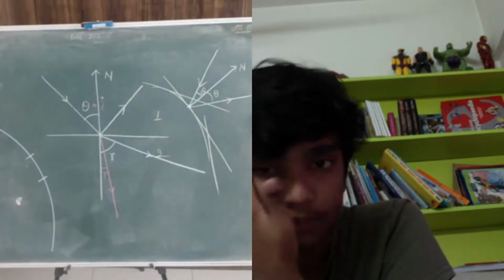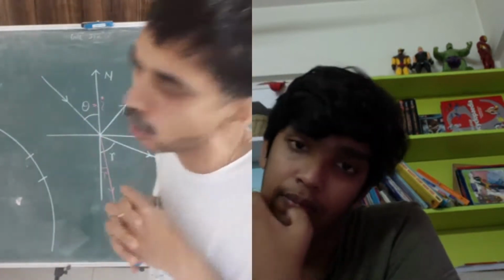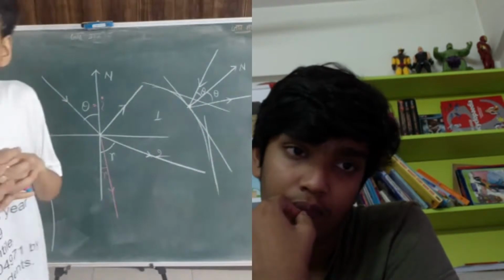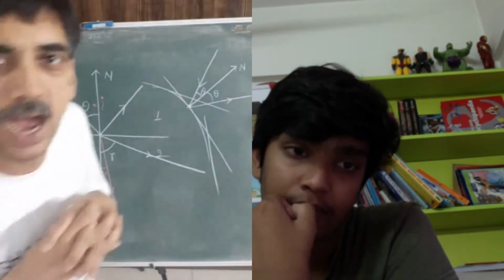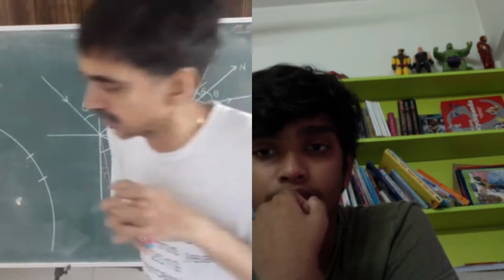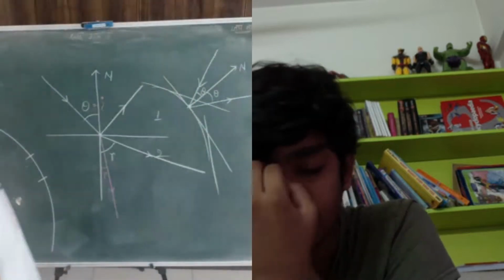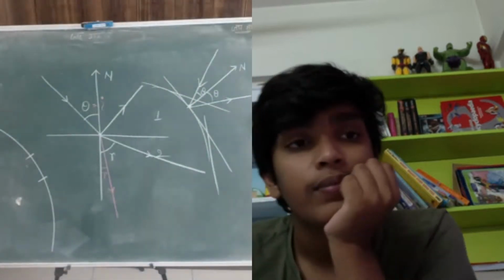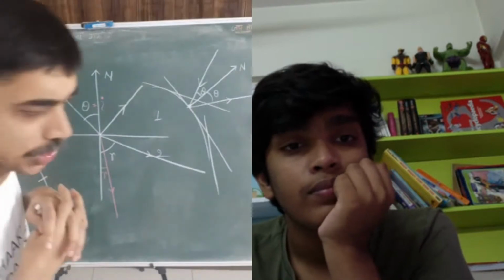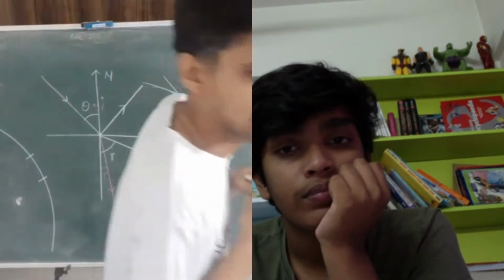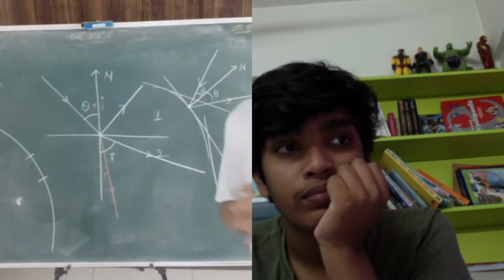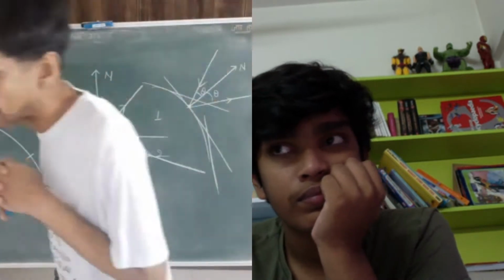But when you kept your ear on the track, you were able to make out that yes, the train is approaching the station, correct? How did you guesstimate that it is approaching? You are able to hear the sound of movement of wheels, correct?